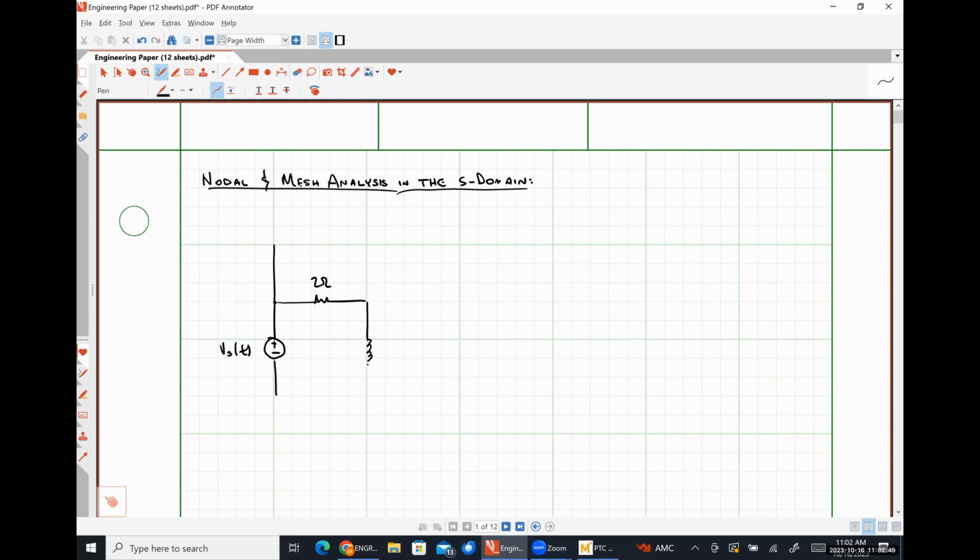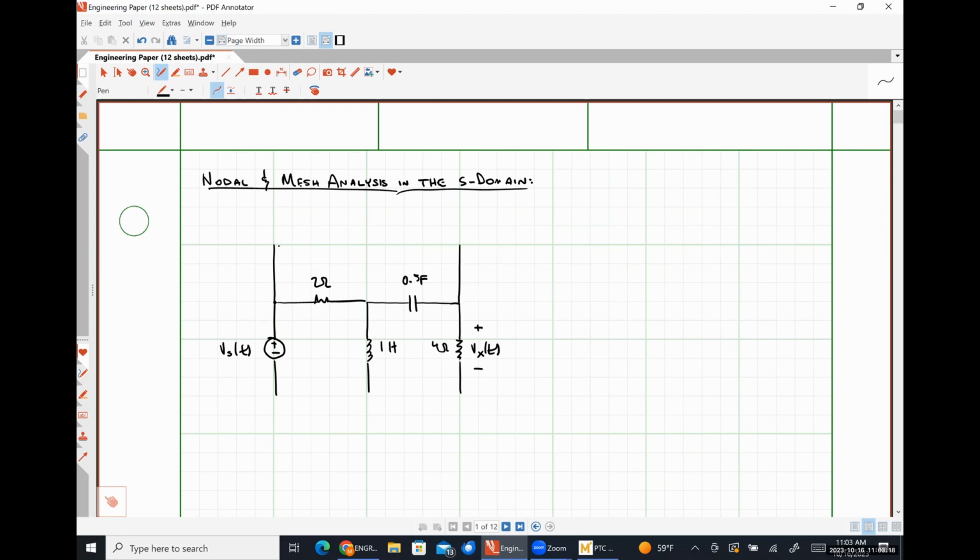Here we are going to have a 1 Henry inductance, a 0.5 farad capacitance, and here will be a 4 ohm resistor over which we are trying to determine what the voltage Vx of t will be.